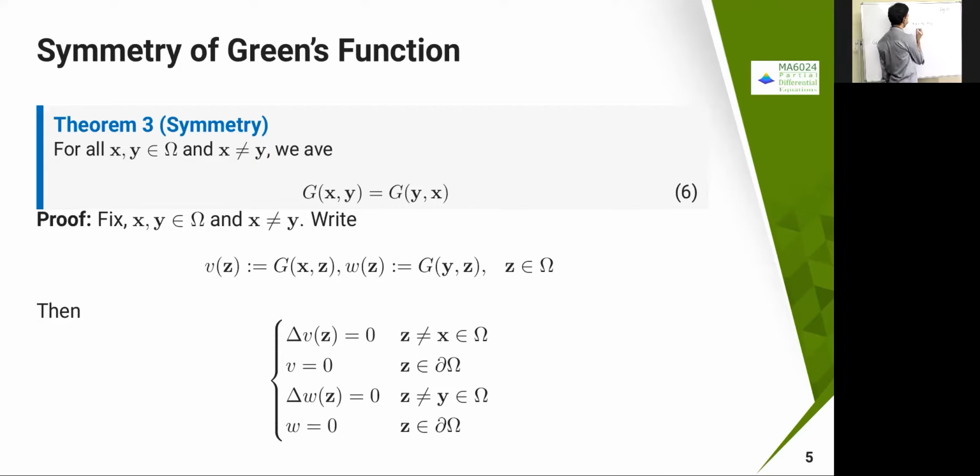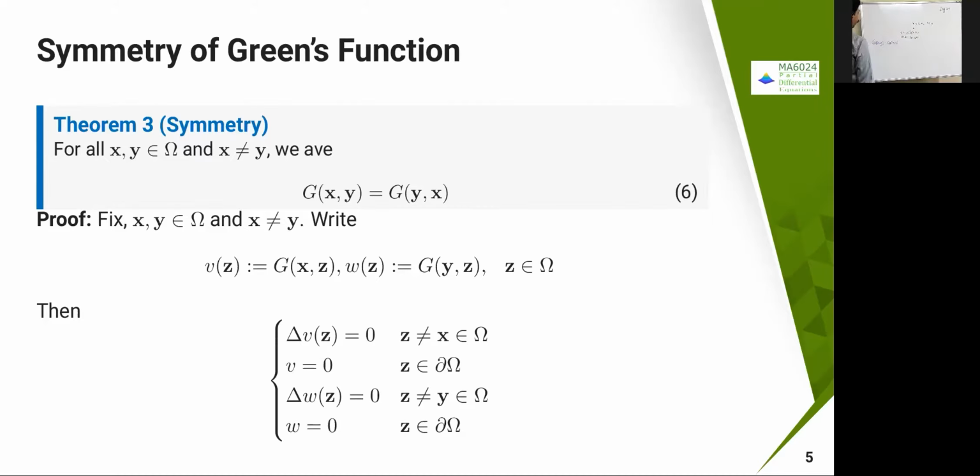Now I define a new variable z, which is not different from x and y. I define v of z as G of x, z, and w of z as G of y, z.